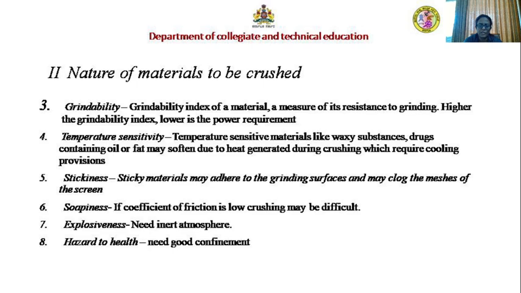So a chemically inert atmosphere is required if you are subjecting some explosive material to size reduction. Then, hazard to health. Certain materials pose some hazard to health when they are handled, so they need to be subjected to size reduction in a confined space. This is how the various properties or the nature of materials influence the size reduction operation.